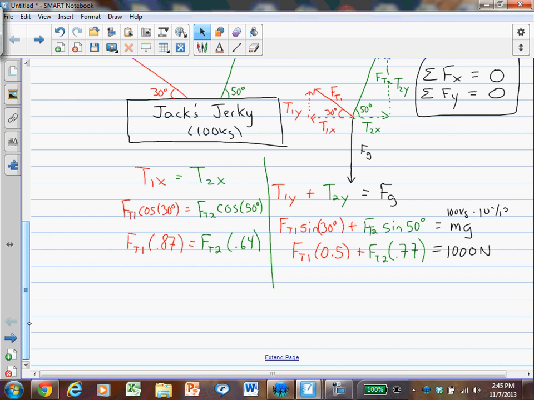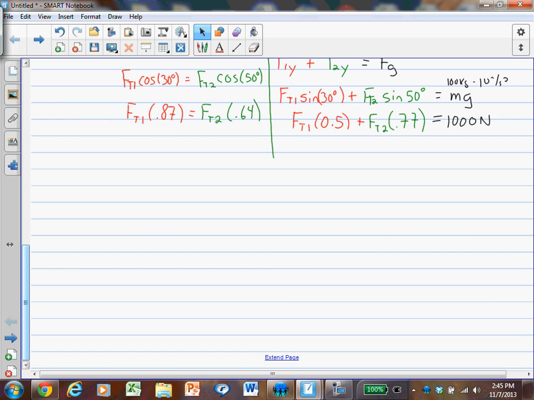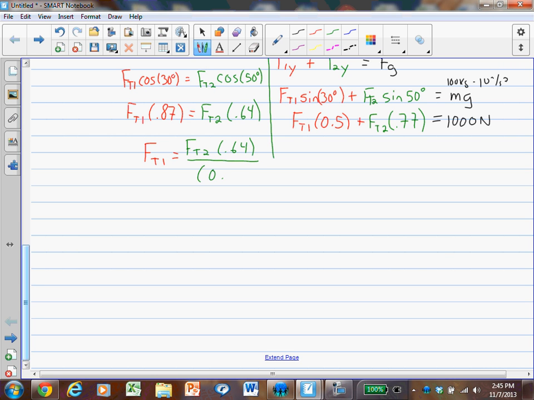So now what you could do is solve this equation for Ft1. Ft1 would be Ft2 over the 0.87. We'll just divide it over. And 0.64 divided by 0.87 is 0.74.